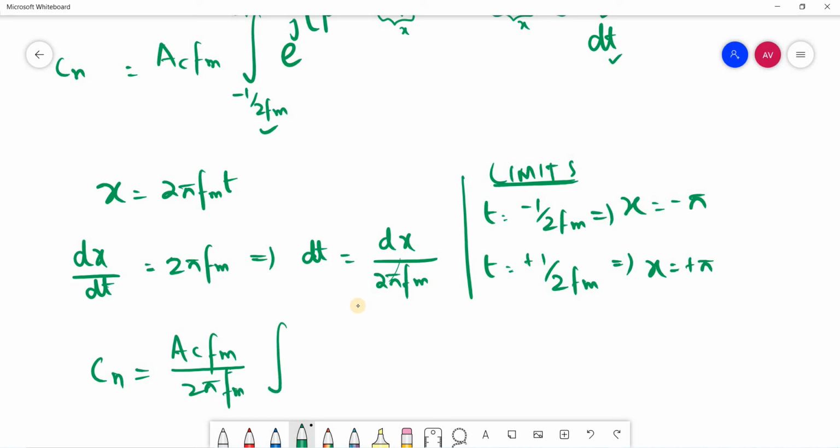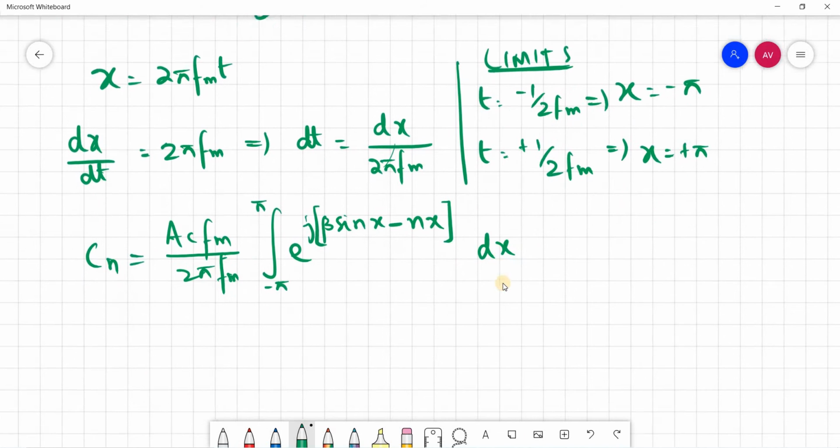Instead of the lower limit minus 1 by 2 fm, I should write minus pi, and instead of the upper limit plus 1 by 2 fm, I should write plus pi. Then e power j beta sine, instead of 2 pi fm t, I should write x, and minus n times x, times dx. So I will get this now.